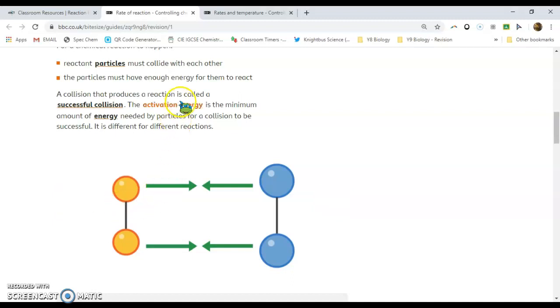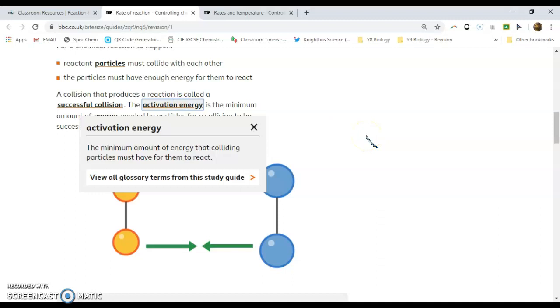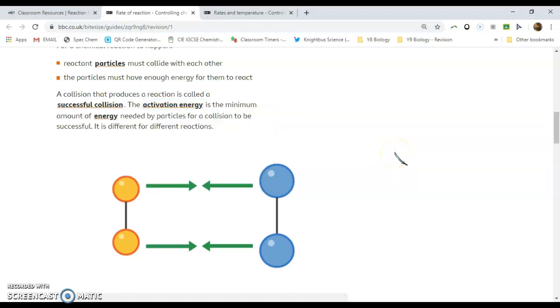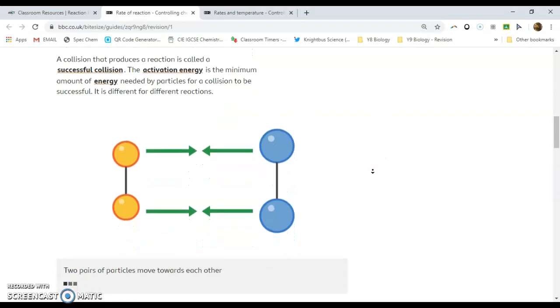And the activation energy is the minimum amount of energy that these reactants must have. The colliding particles must have that amount of energy for them to react. If they don't have enough energy as a total, they cannot start off this chemical reaction. So it's the minimum amount of energy needed by particles for a collision to be successful.